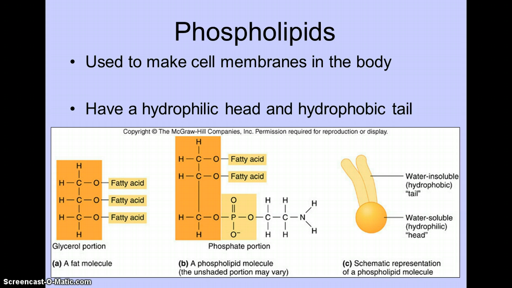This makes the phospholipid head hydrophilic or water-loving. The heads of these phospholipids like to be in a watery environment. The tails are not charged, so they do not like to be in a watery environment. In fact, they hate being in a watery environment and will avoid it at all costs. For that reason, the tails are referred to as hydrophobic or water-hating.